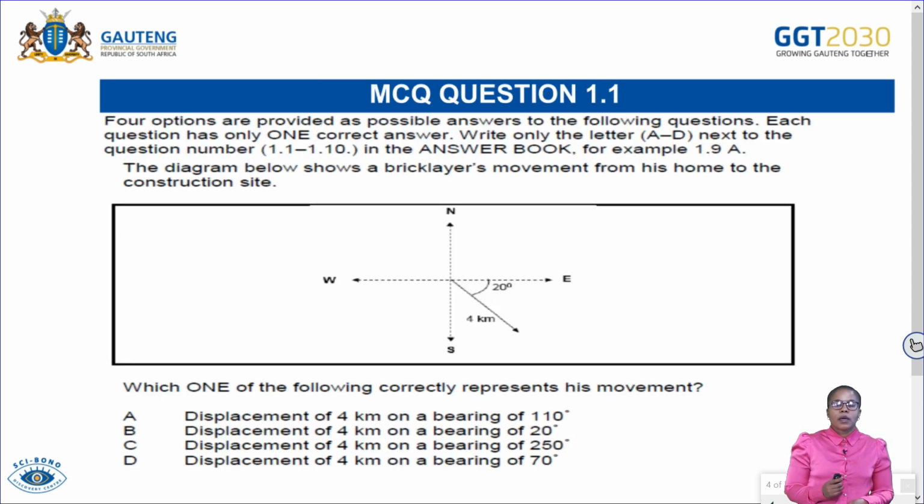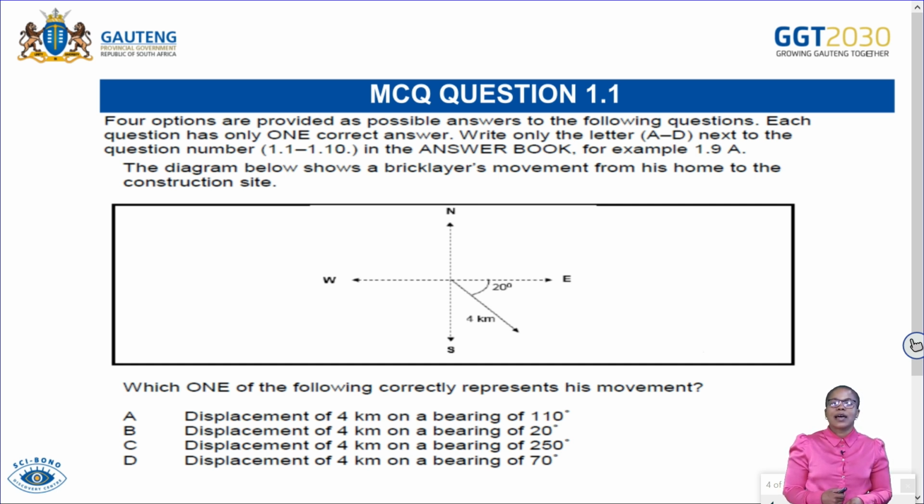Okay, so first things up, let's look at your MCQ questions. So we've got question number 1.1. As usual, there's going to be an instruction, which is very important for you to read so that you answer accordingly. Okay, so it says 4 options are provided as possible answers to the following questions. Each question has only one correct answer.